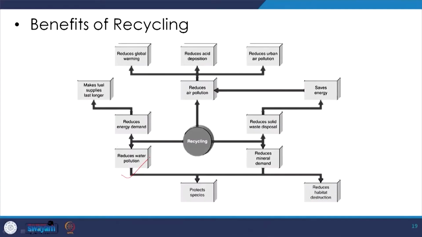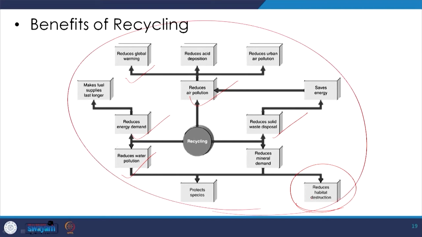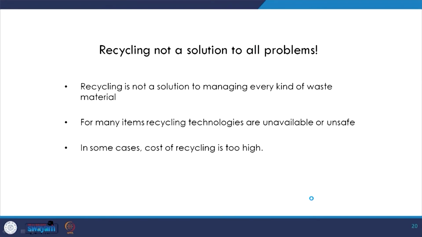So, it reduces water pollution, it reduces the demand for energy, it reduces global warming, a lot of larger global phenomena. It reduces the overall air pollution, it reduces the solid waste disposal, it reduces the habitat destruction for animals. So, there are huge benefits which can be accrued from recycling. However, recycling is not a solution to all the problems. Many problems can be solved with the help of recycling, yet not all of them can be solved.